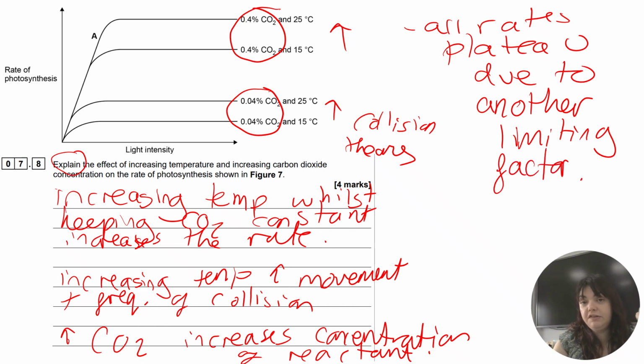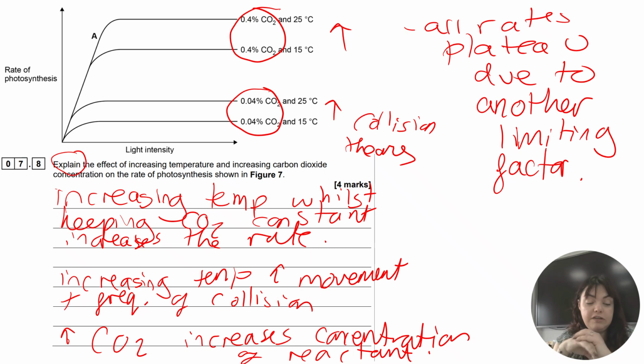Increasing temperature while keeping CO2 constant increases the rate. Increasing the temperature increases the movement and frequency of collisions. Increasing CO2 increases the concentration of the reactant. However, all of the rates plateau at a certain point due to another limiting factor. Okay, so it's a bit of a tricky one, that one. But that's the only thing that you can get.